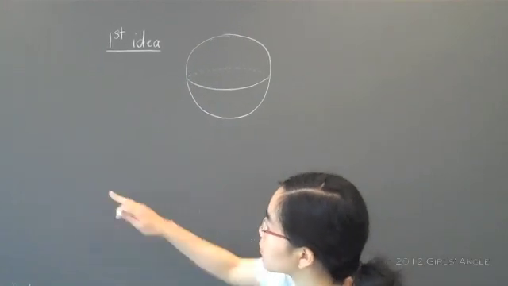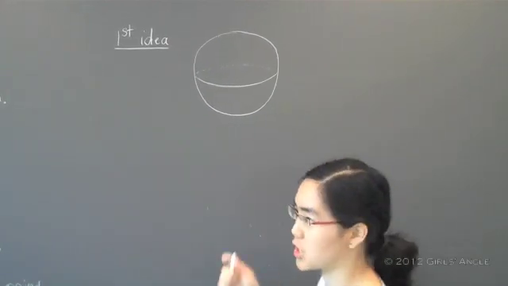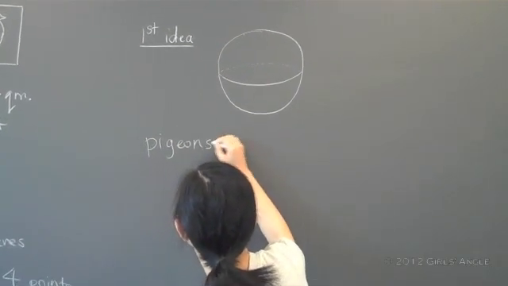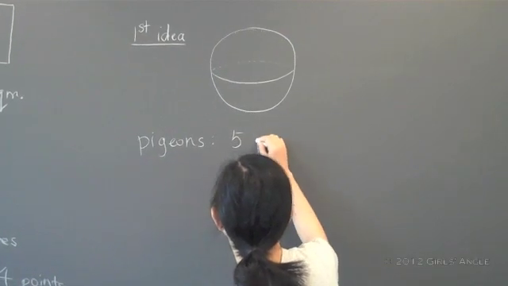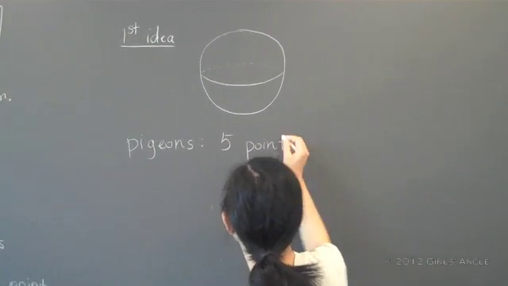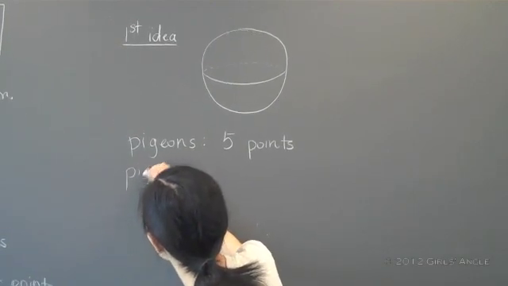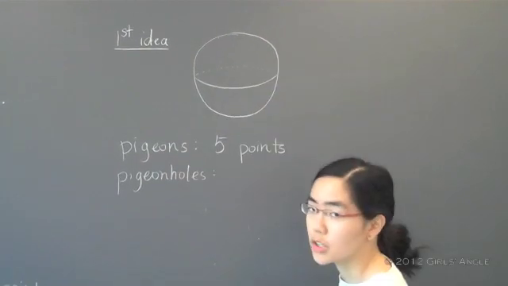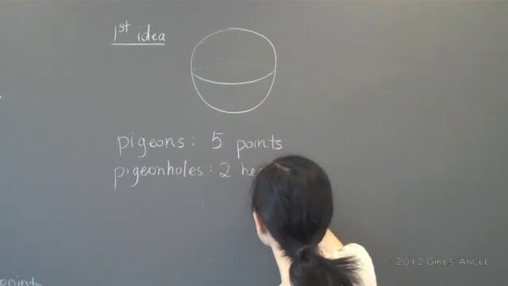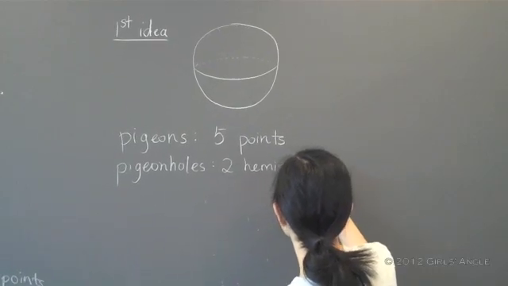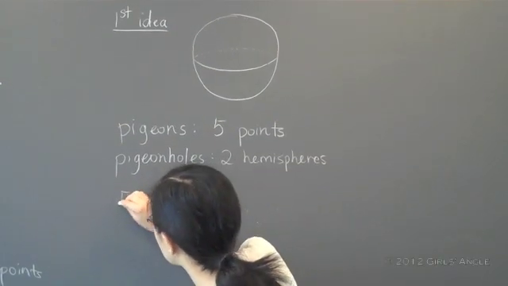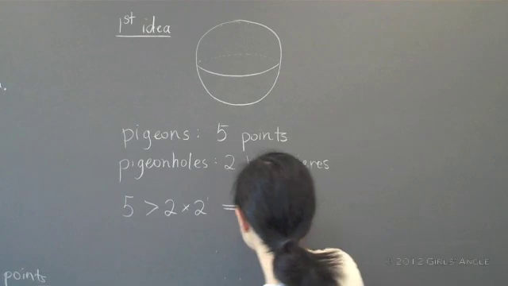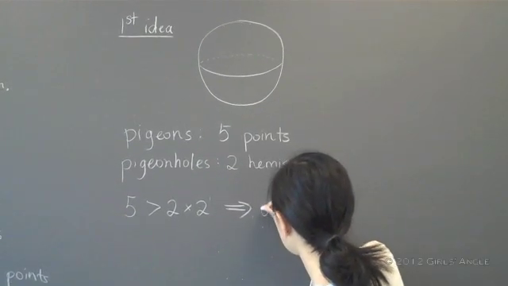Then, by the pigeonhole principle, if I take my pigeons to be the 5 points, and my pigeonholes to be the 2 hemispheres, then we know that 5 is greater than 2 times 2. So this implies that one hemisphere has at least 3 points.